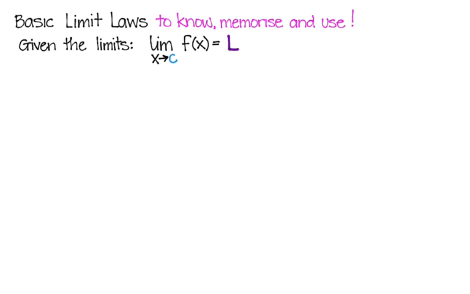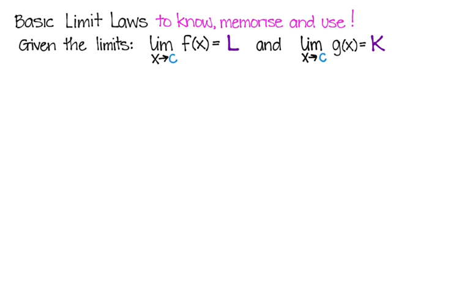There's a second function, g, and when the limit goes to the same c, this must be the same c, this other function g has a limit, and its limit is some other real number. It could actually even be the same. It doesn't make any difference. It just has a limit.